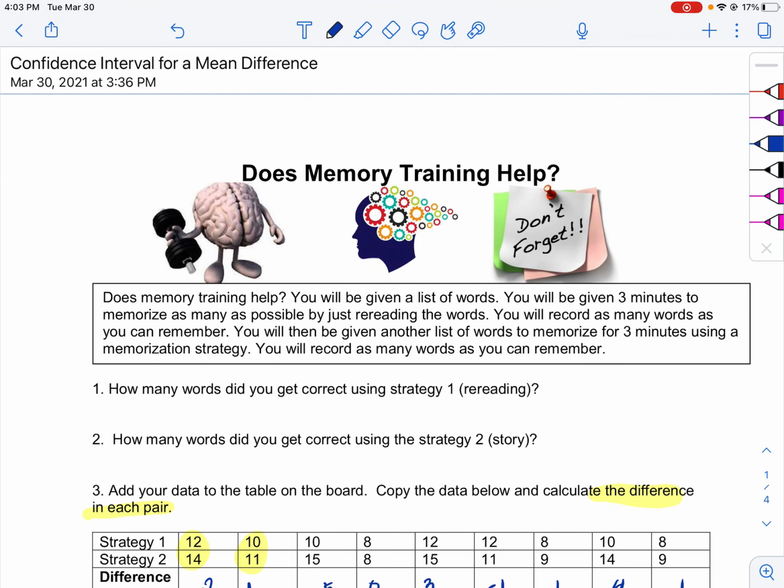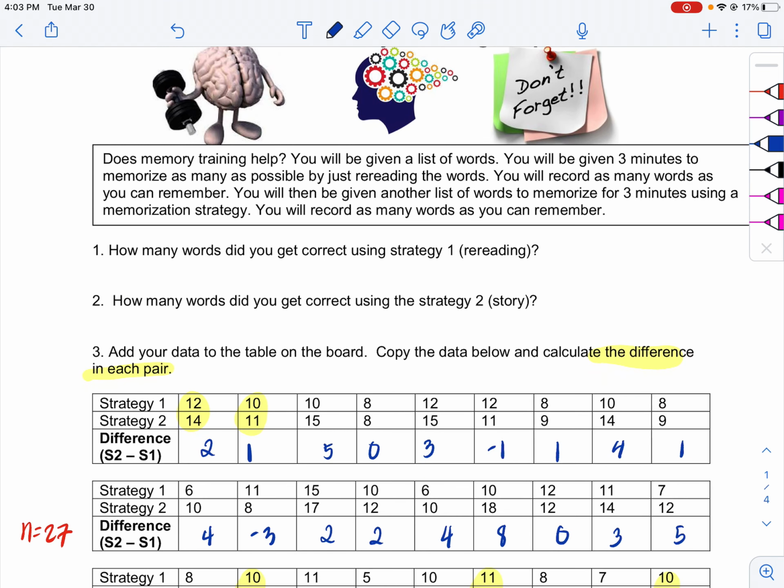In here, we have to look here. We have to assume that the order of treatment is randomized, meaning this group of students gets the rereading first and then the other one, doing it in a story.